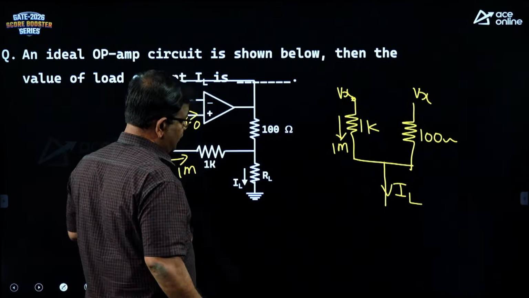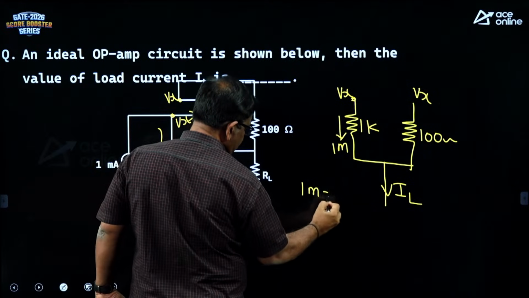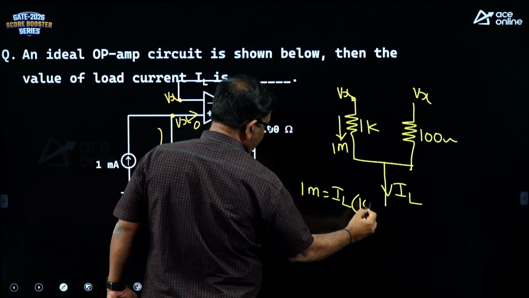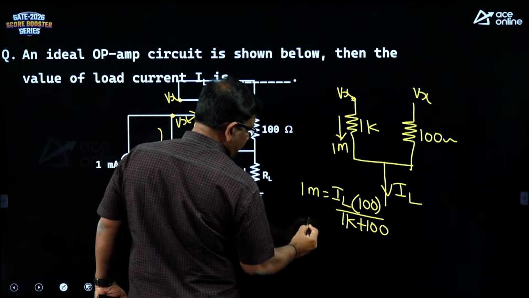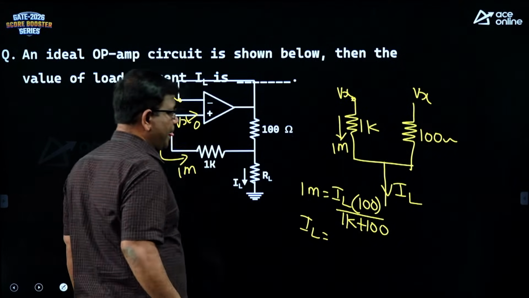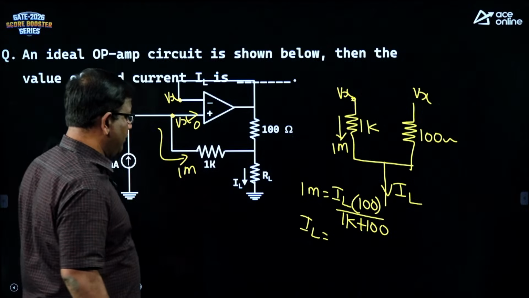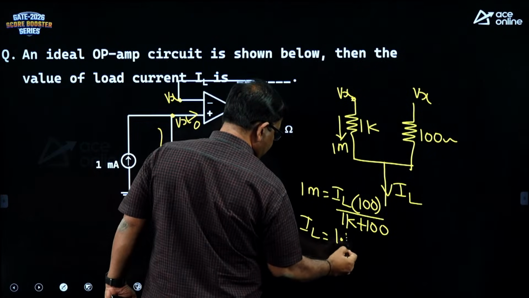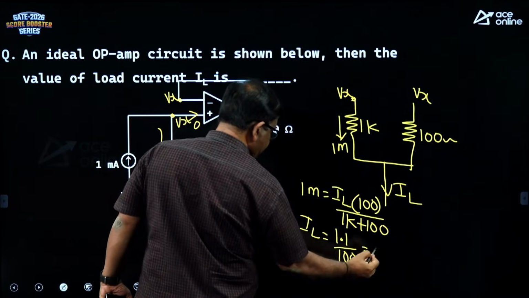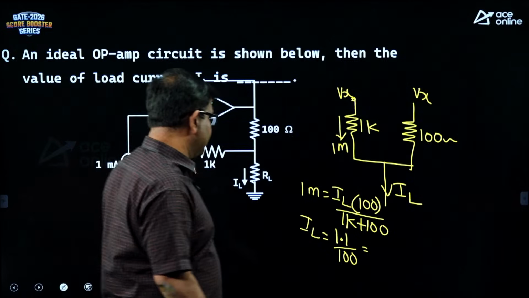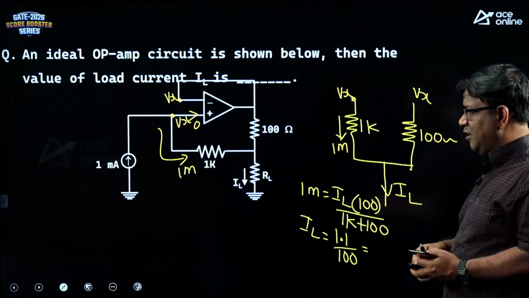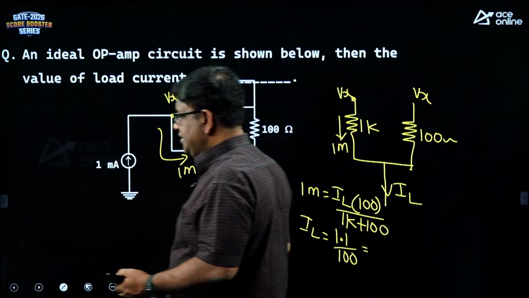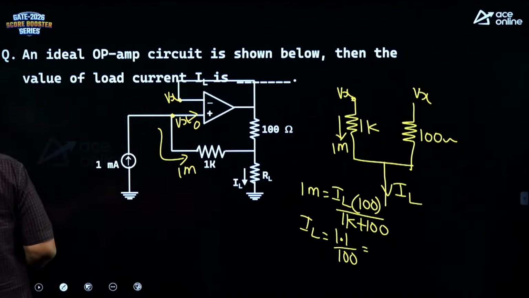So, what is current division? The branch current is equal to the total current into the opposite arm by the sum. So, your IL is going to be 1 K plus 100, it is 1.1 K, so 1.1 K by 100. How much is the total current IL?